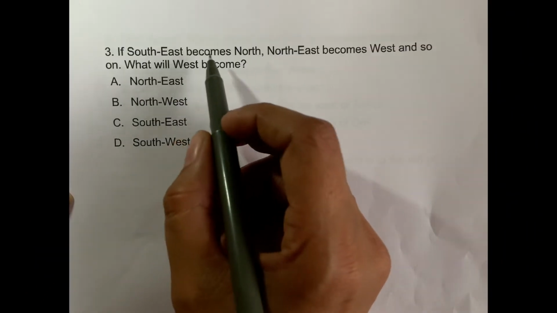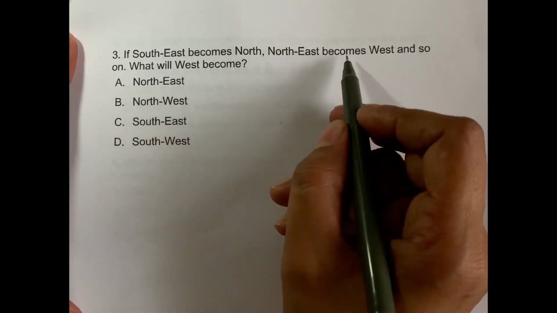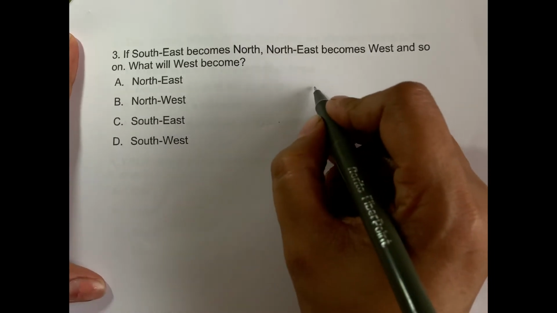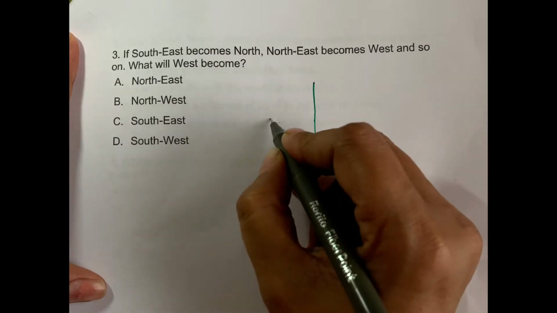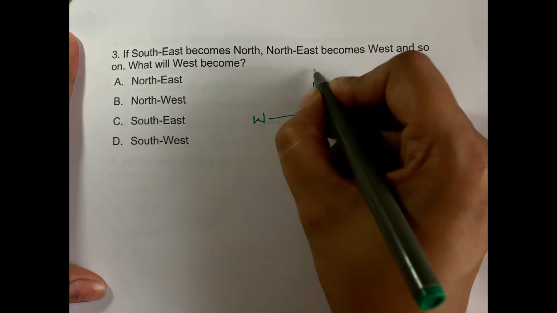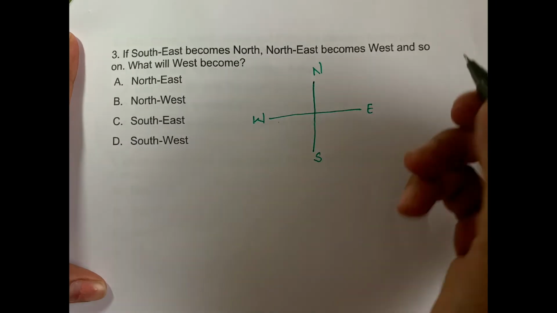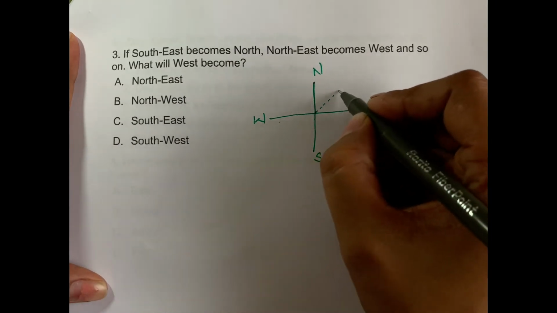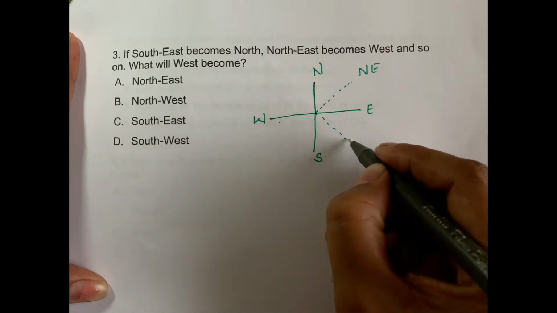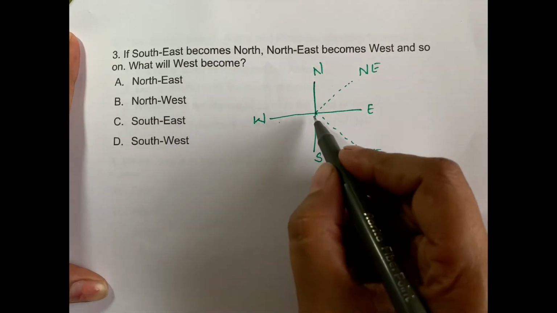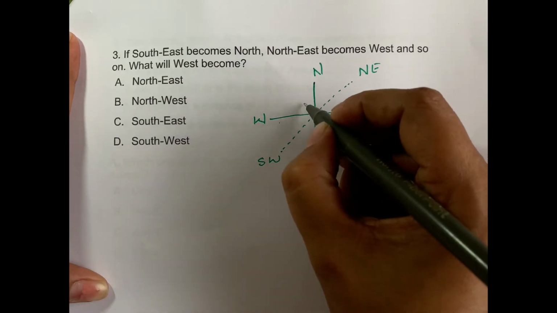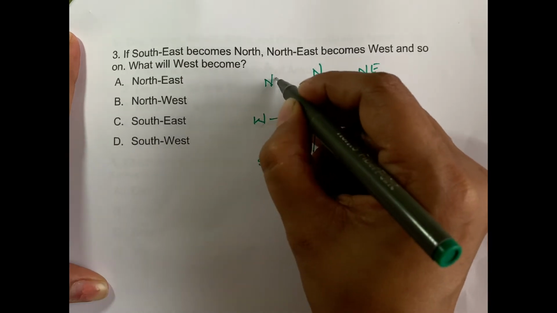If southeast becomes north, northeast becomes west, and so on, what will west become? Okay. So we know the directions we have already seen: east, west, north and south. This is northeast, this is southeast, this is southwest and this is northwest.